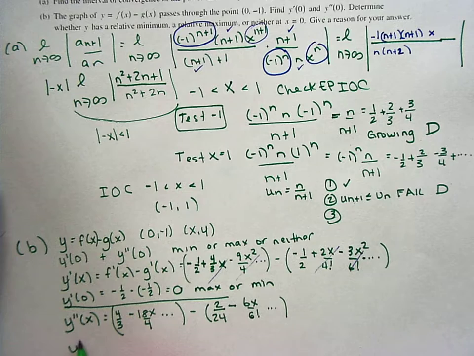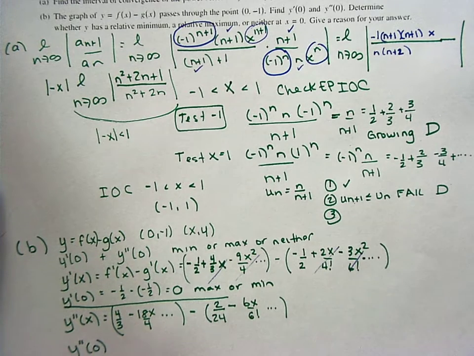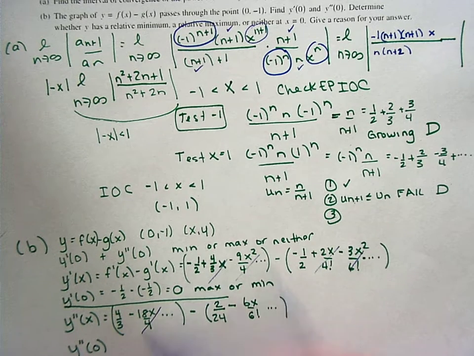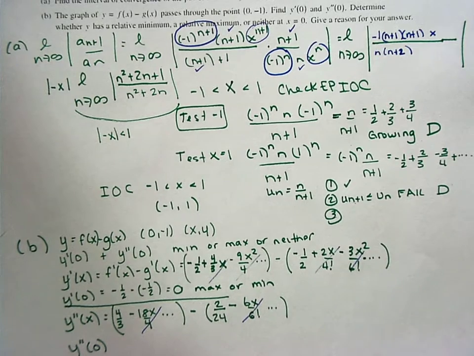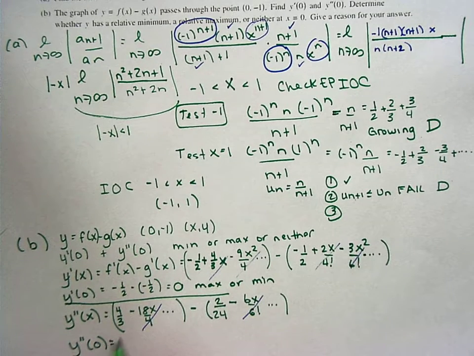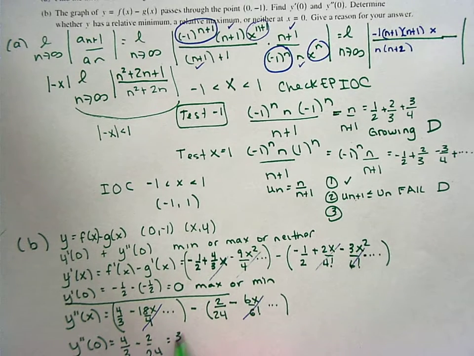And we're evaluating at 0 again, so anything involving x is going to drop out. So essentially what we're calculating is 4/3 minus 2 over 24, getting a common denominator, I get 8 times 4 is 32 over 20.